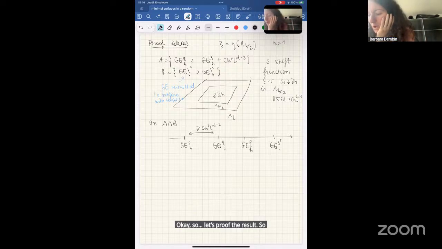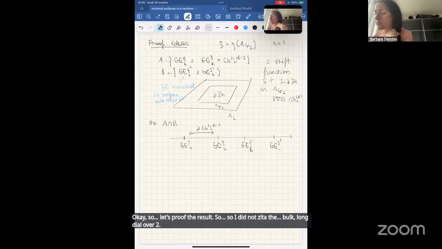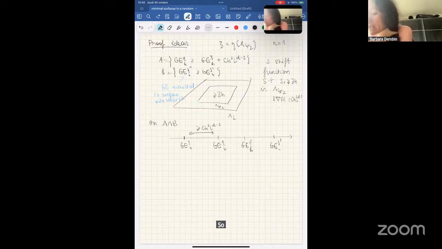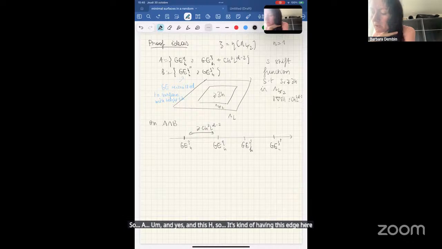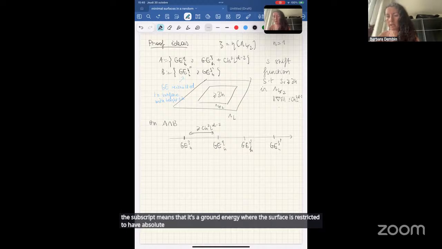So I denote zeta the noise eta where you resample in the bulk lambda L over 2. And I denote A and B two events. So A, and yes, this H, having it in the subscript means that it's a ground energy where the surface is restricted to have absolute value less than H. Okay.